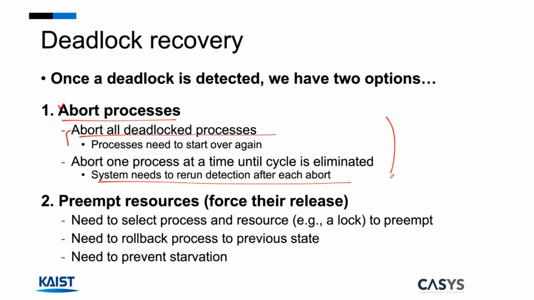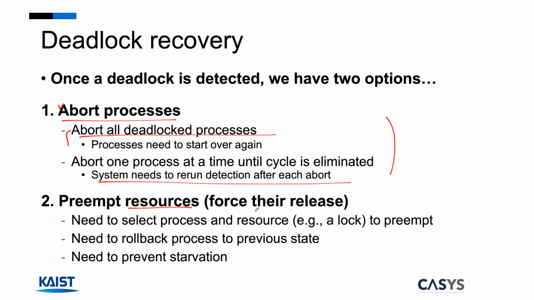Likewise, this deadlock recovery mechanism is optimistic. There's no formal guarantee that deadlock would not happen. The other one is a more fine-grained approach where it can preempt only certain resources, certain locks. So when a process is holding a lock, the operating system randomly selects a process and forcibly releases the lock.